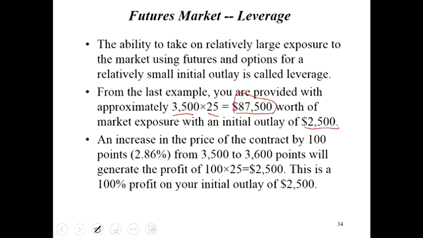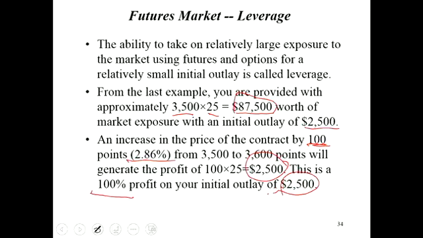So what will happen is that the gains and losses on the main market, in this case the ASX 200, will be amplified by a factor of more than 30. An increase in the price of the contract by 100 points, which is only 2.86%, will give you a profit of $2,500, which is what you put in, and so that gives you 100% profit.